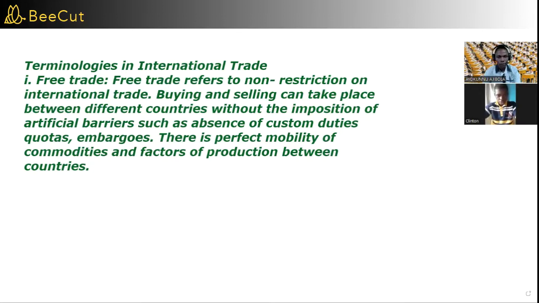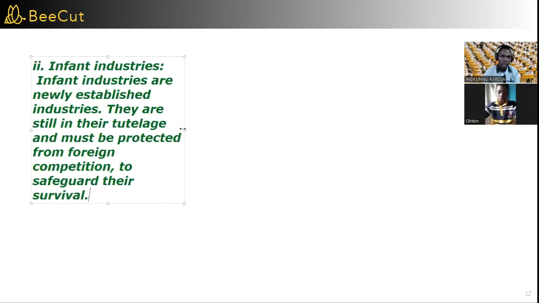The next thing we'll be looking at under the terminologies is infant industries. Let me clear the screen. Infant industries are newly established industries.